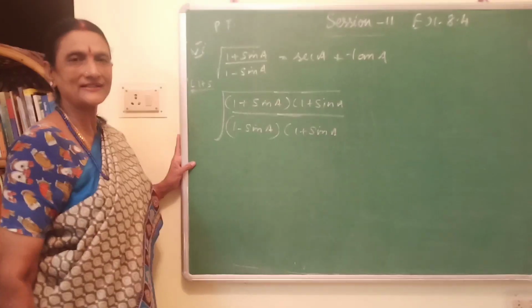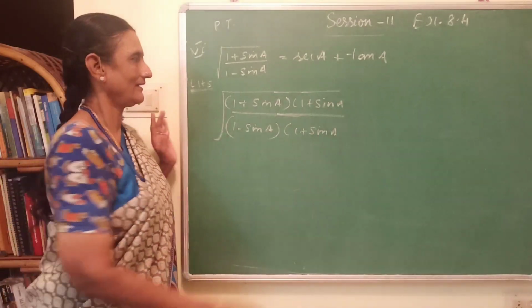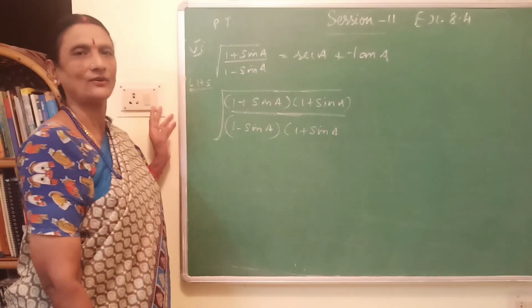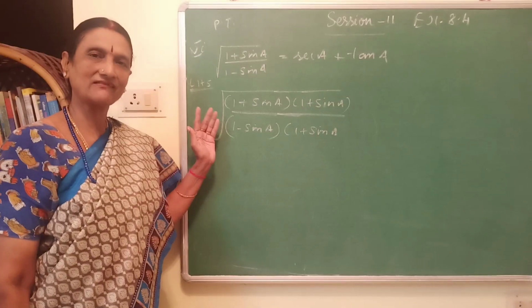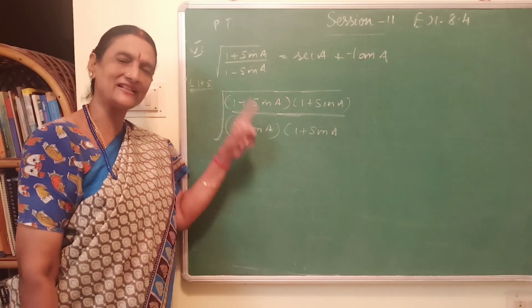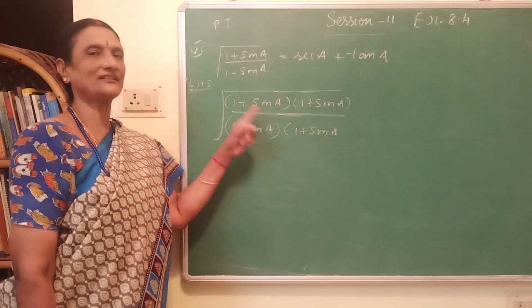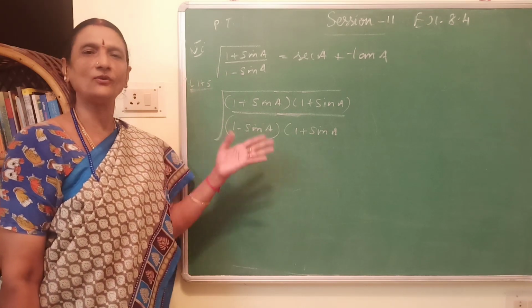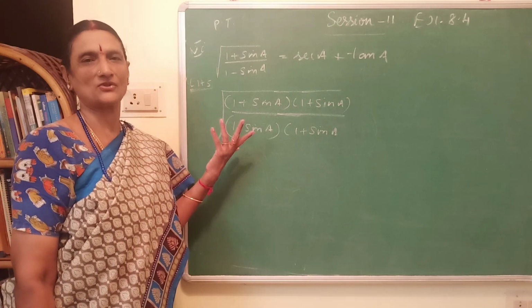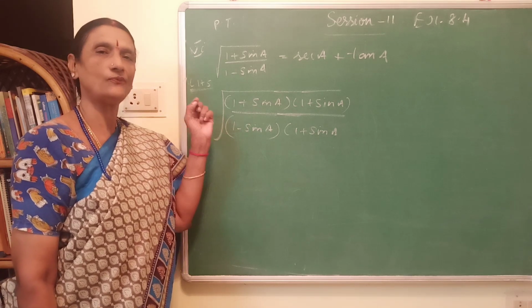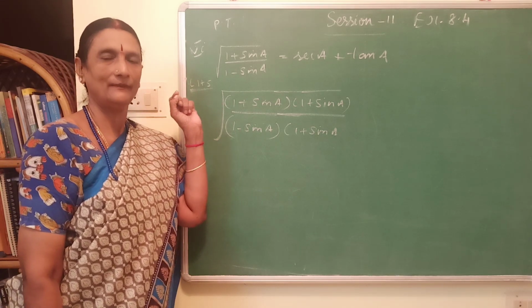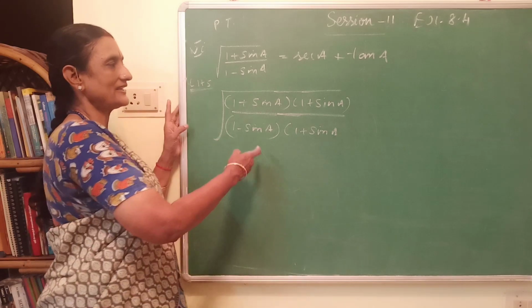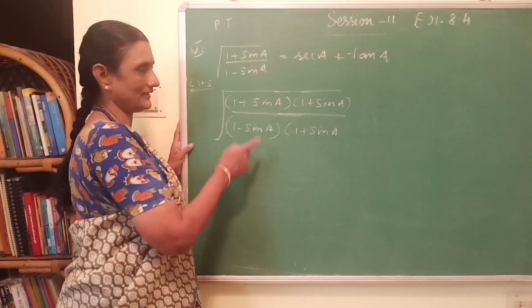So our focus is to eliminate the root sign. In order to eliminate the root sign, we should always try to get some square terms inside the root. So once it comes out of the root, it is without the root sign and the square term also will not be there. So we have to focus on this method. That is why I have tried to do it in this manner.